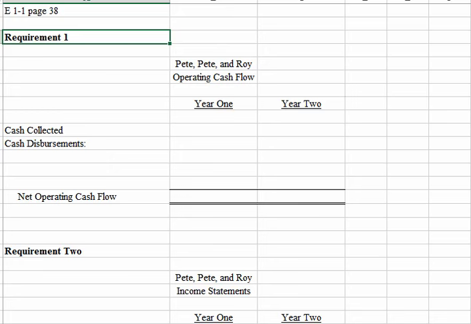They didn't have any prepaid assets, anything like that, then there would be no difference. Now, most businesses, that's not going to be the case, so typically a cash basis is not allowed for financial reporting purposes.